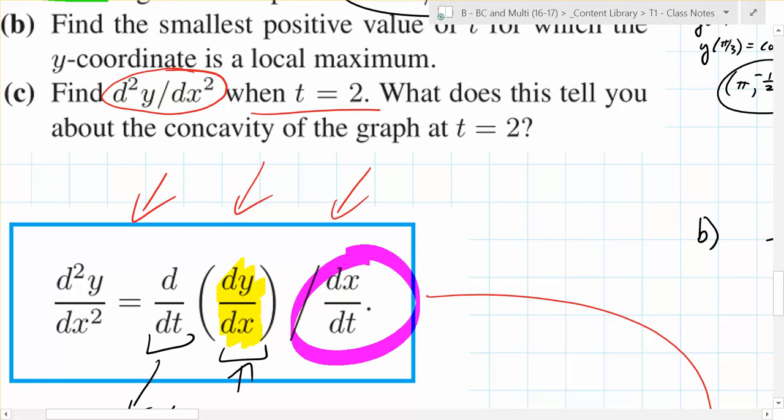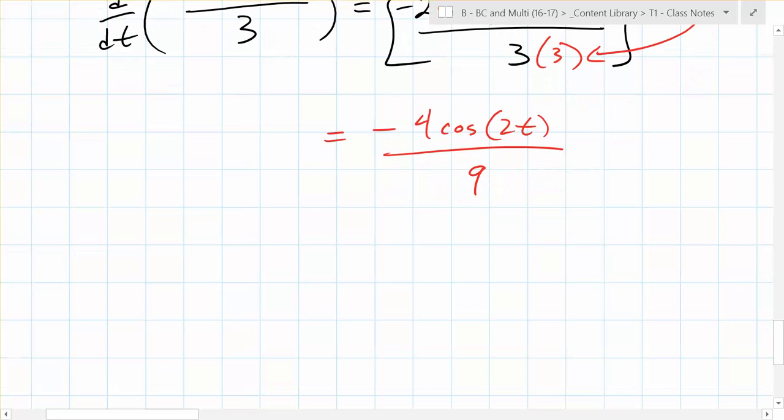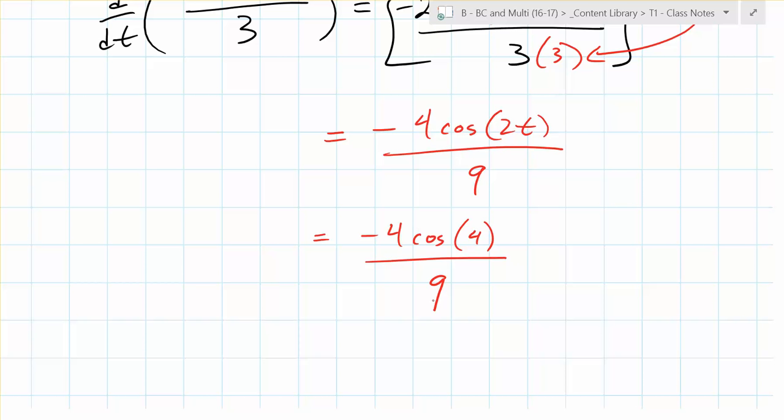What does this tell you about the concavity at t equals 2? What do you plug in? So negative 4 cosine of 4 over 9. Are you expected to know what the cosine of 4 is off the top of your head? But it's more than pi, right? It's down in that third quadrant, so cosine is negative.